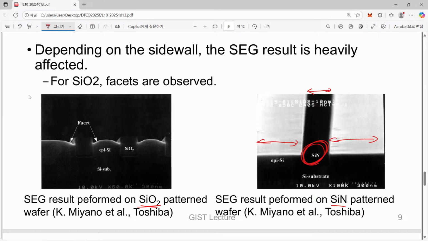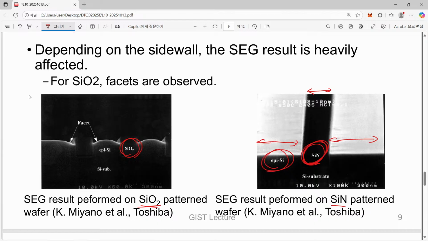So we just expect a uniform growth of the silicon epi layer, and now we have quite good epi growth for silicon nitride. But unfortunately, if we go to the silicon dioxide mask, then what happens?